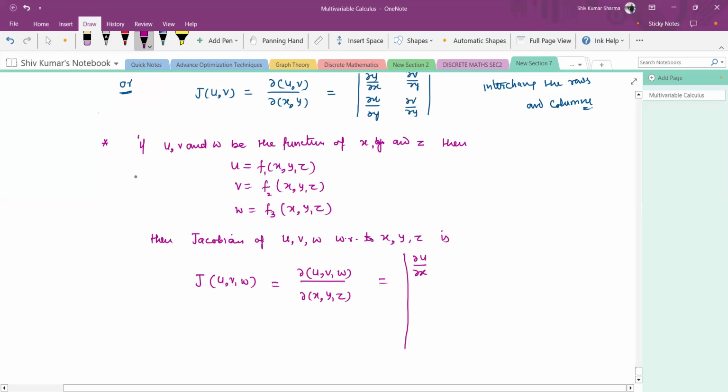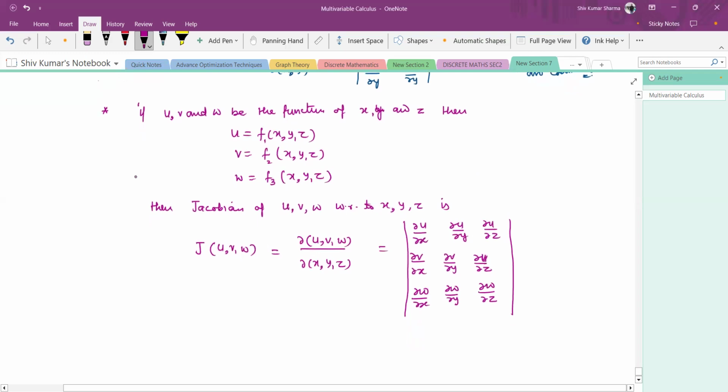So del u upon del x, del u upon del y, del u upon del z. Second row, del v upon del x, del v upon del y, del v upon del z. And third, del w upon del x, del w upon del y, and del w upon del z. We can remember this: in the first row, we take the first dependent variable with respect to all independent variables; second row, the second dependent variable with respect to all independent variables; third row, the third dependent variable with respect to all independent variables.